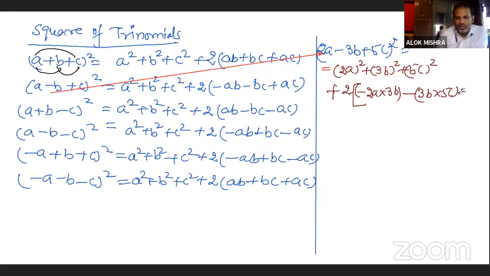And then plus it is 2a into 5c. So what do I get? 4a the whole square plus 9b the whole square plus 25c the whole square, or let me go ahead. So this bracket, sorry, this bracket will not be there.